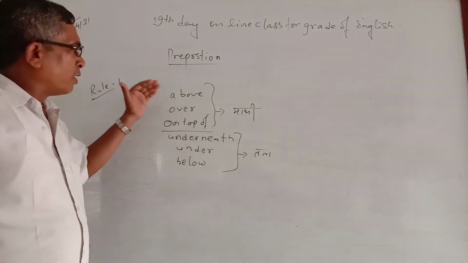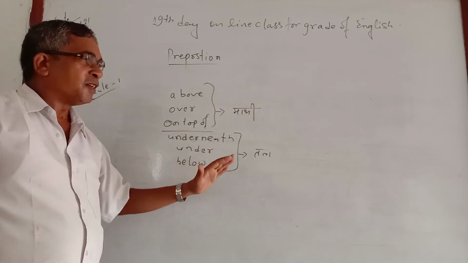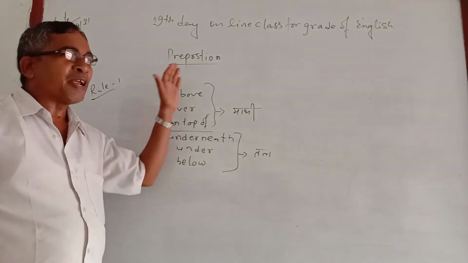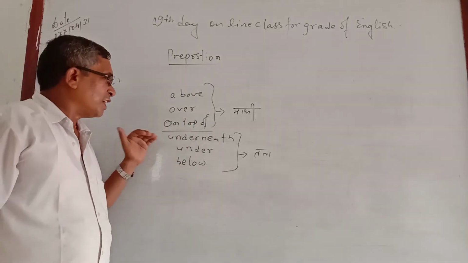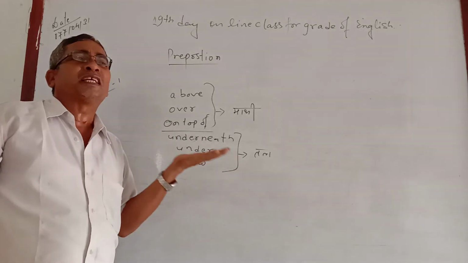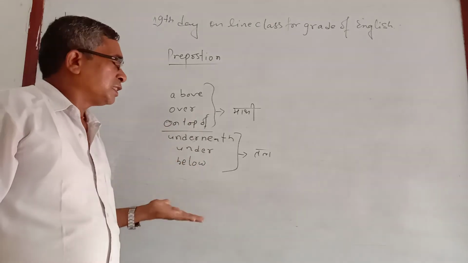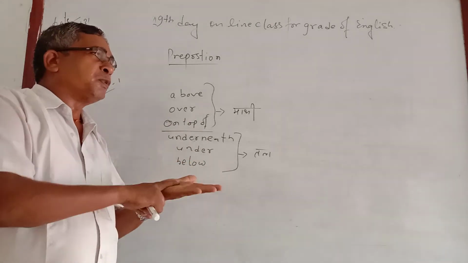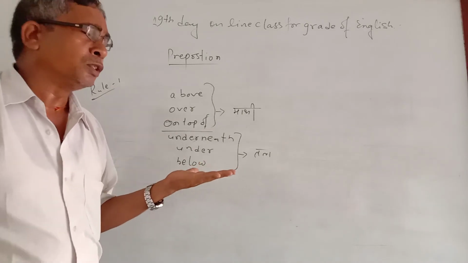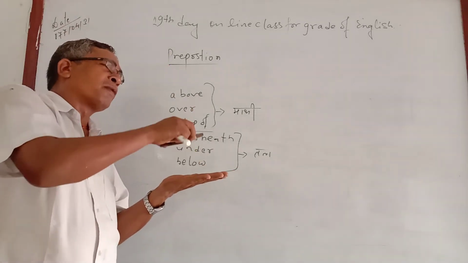Though above, over, on top of mean mathi, and under, underneath and below mean tala, for the exact use of on top of, over, above, and similarly under, underneath, below, with this experiment you can come to a conclusion. For the use of these 6 prepositions, suppose this is the base and any item is touching the base on its upper part.